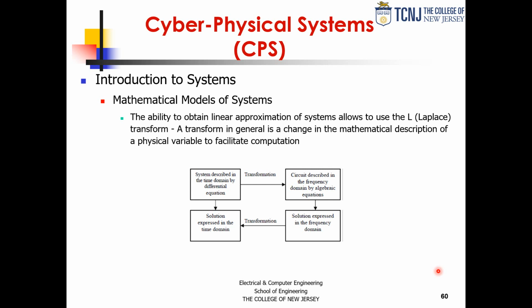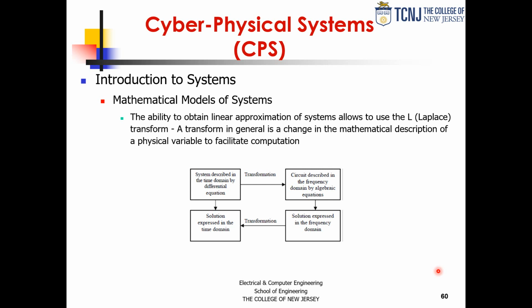And then if we are going to analyze a system, we can take our system formulation and apply a transform and go to the transform domain, whether it is Laplace or the Z-transform, do our analysis in that domain, get a result, and then apply the inverse transform and get back to our original time domain, let's say.